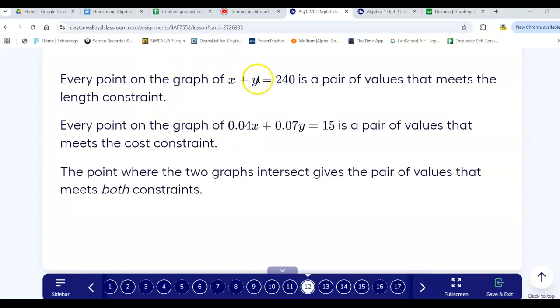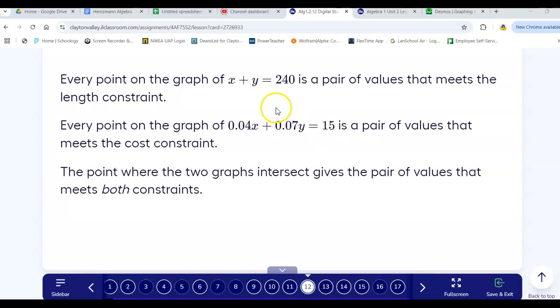So every point on this graph is a pair of values that meets the length constraint. Every point on this graph is a pair of values that meet the cost constraint. They make the cost equation true.